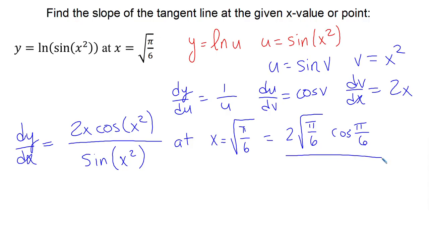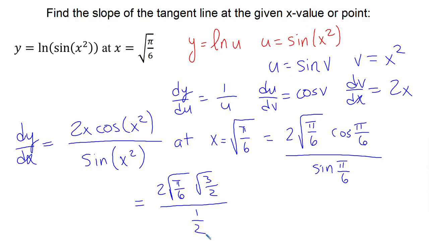And then in the denominator, we're going to have the sine of pi over 6. And we should know what all those values are, right? The cosine of pi over 6 ought to be root 3 over 2. And the sine of pi over 6 ought to be 1/2. And so we can then simplify this down a little bit.